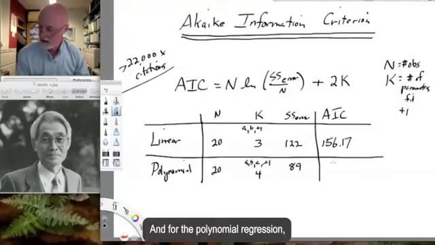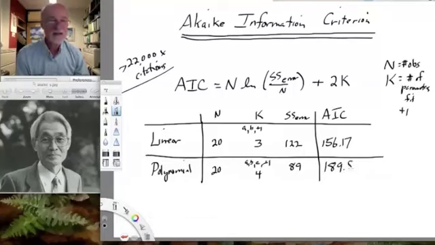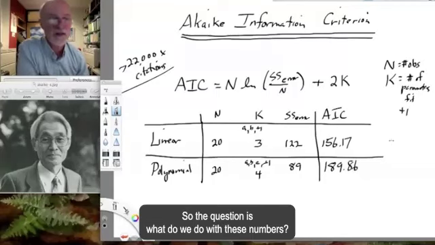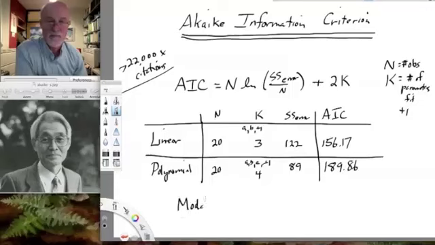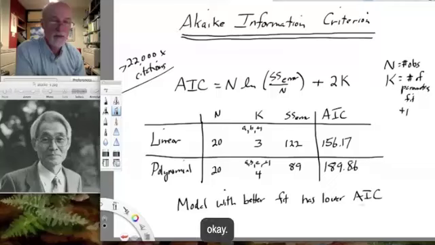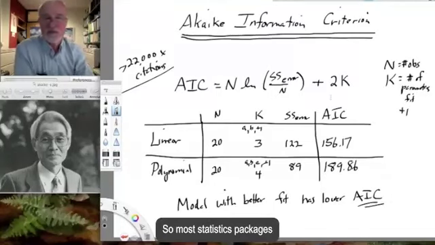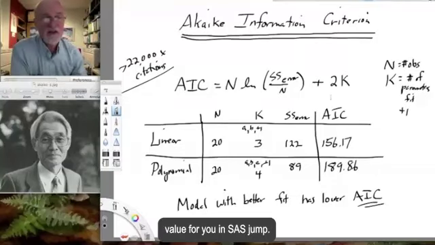Okay, so if we apply Akaike's information criterion to this, we get an AIC value of 156.17 for the linear regression, and for the polynomial regression we get 0.86. So the question is, what do we do with these numbers? Well, it turns out the model with the better fit has the lower AIC value. Most statistics packages, including SAS JMP, can calculate this AIC value for you.